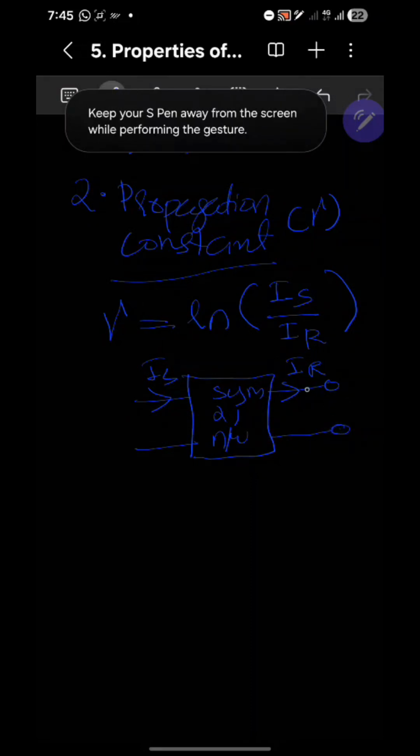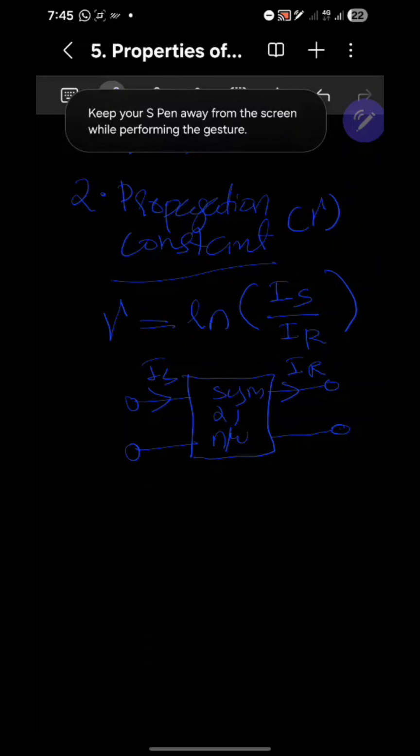Because the current coming in is sent from the source or some other network, and the current which is leaving will be received by another network. That's why this is called sending and receiving. So the natural logarithm of the ratio of these two currents is called the propagation constant.